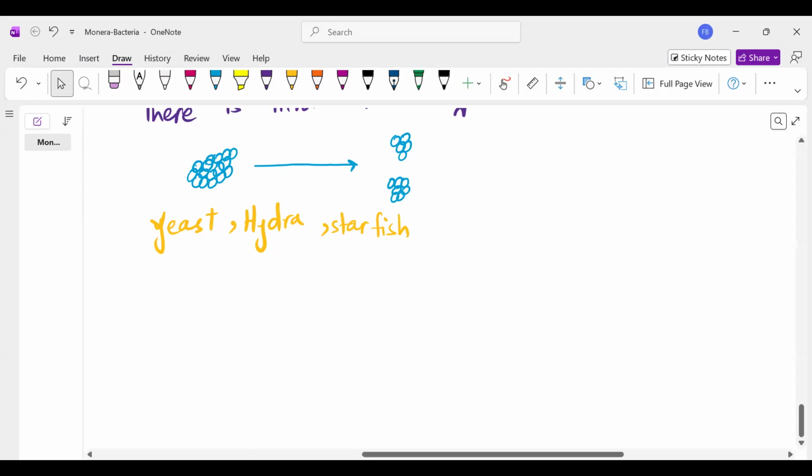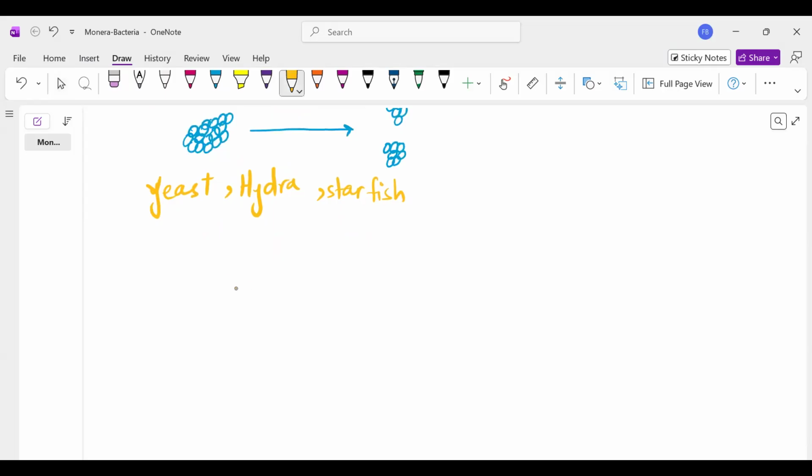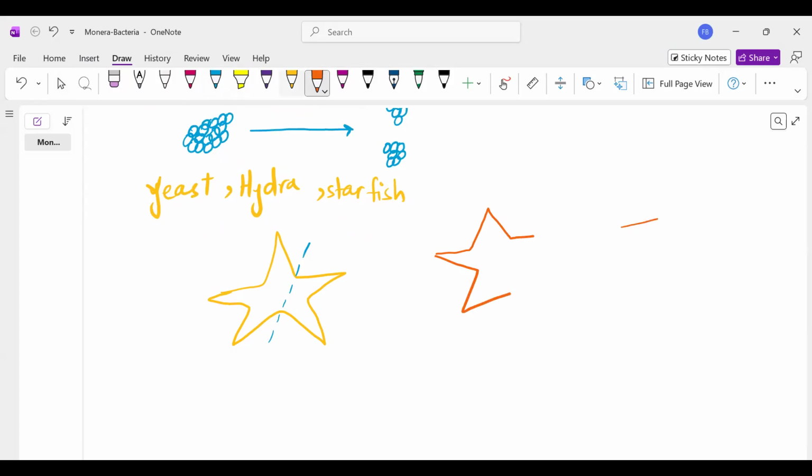Let's say there is an organism, and maybe this is an organism. I'm just randomly drawing it. Due to some reason, it was sliced into two parts. From here, now it is sliced into two parts. You have basically this region and this region.